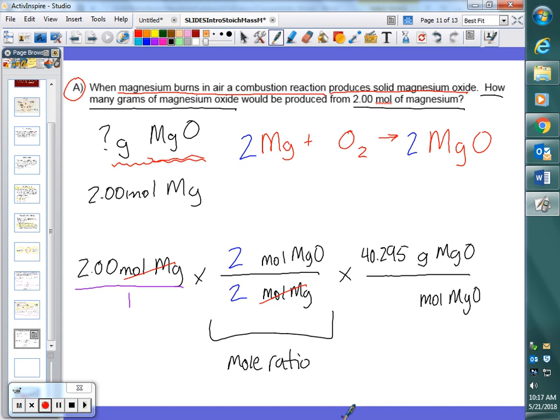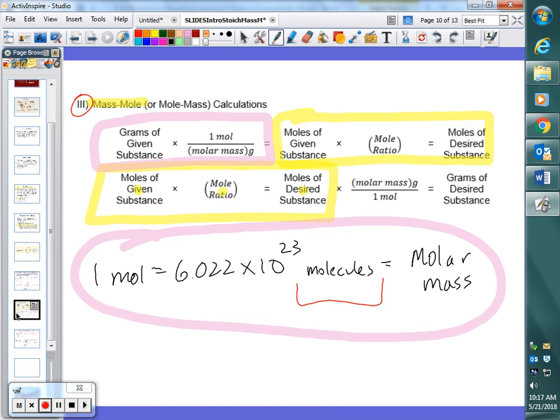40.295. Now, here's where things can get a little confusing. This last conversion factor is converting moles into grams using the molar mass. The molar mass is the mass of, like it says right on the screen here, 1 mole.